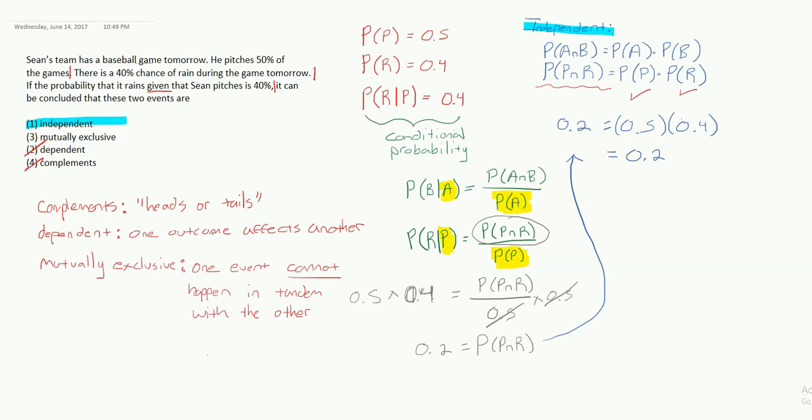Now it seems pretty likely that it's possible for Sean to both be pitching and it be raining at the same time. In fact, there's a conditional probability here. It's actually fairly likely, 40% likely, that it will both be raining and that Sean will be pitching on the same day. Definitely not mutually exclusive. So from a reasoned perspective, independent can be the only answer to this problem.